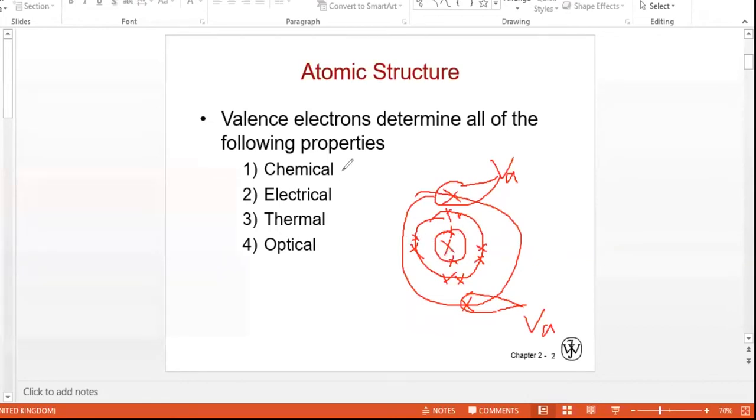But this outer orbit has only 2 electrons, so either it can give an electron to some other atom, or it can share with some other atom. So this one can do different things as per the requirement. Only the valence electron can do that.